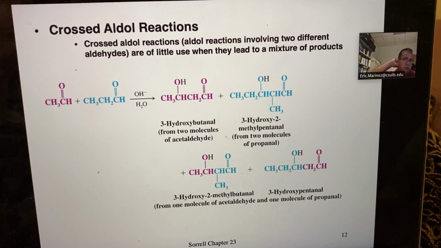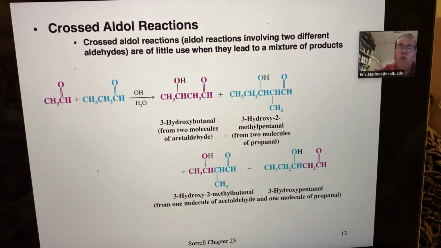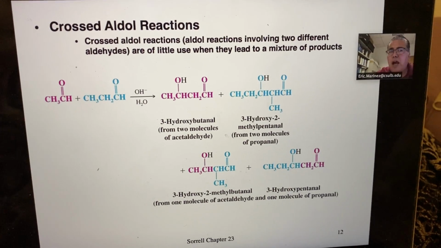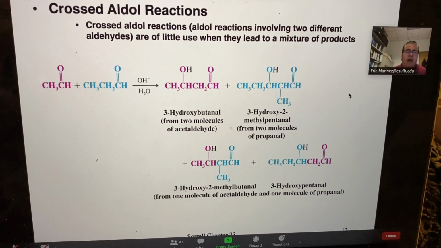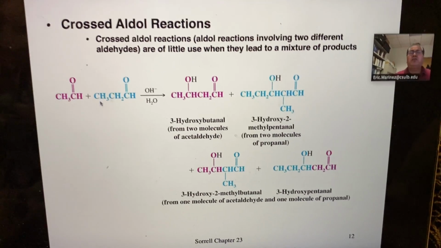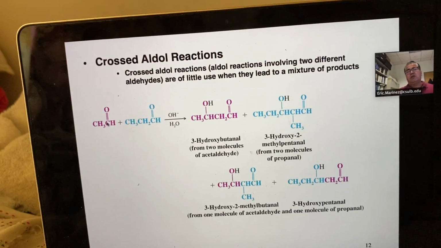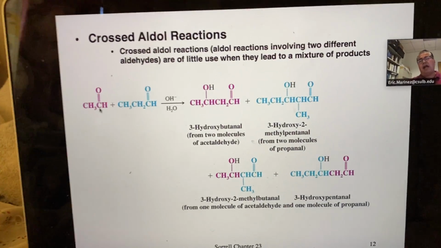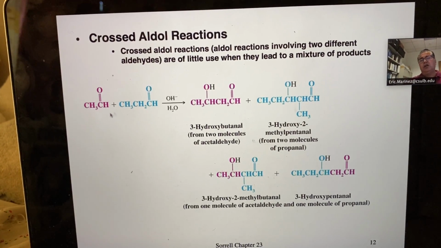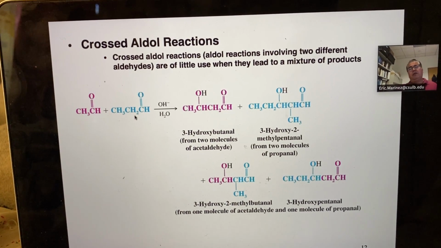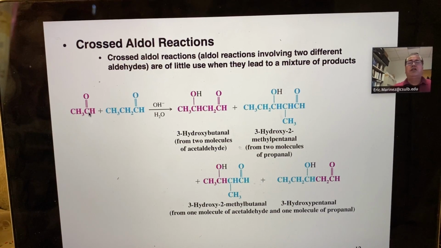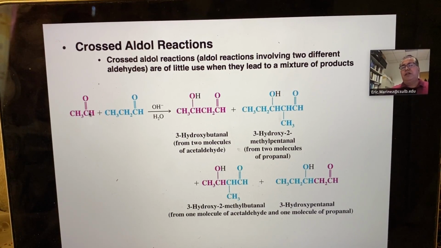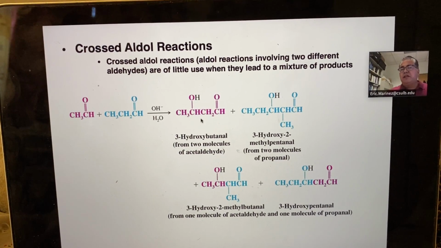Okay, what if I took two different types of aldehydes? Okay, so here I have acetaldehyde versus propanal. I'm showing acetaldehyde in this magenta color, and then I'm showing propanal in this bluish color. We just talked about acetaldehyde reacting with itself to give me this species, this dimer here.